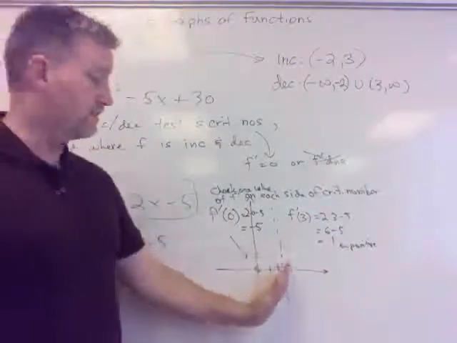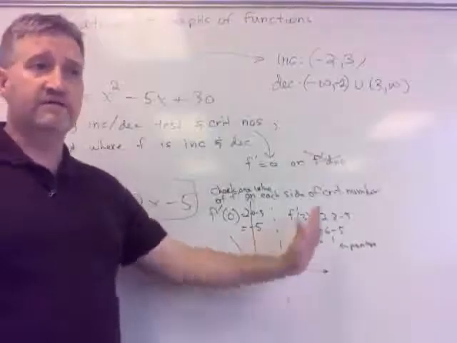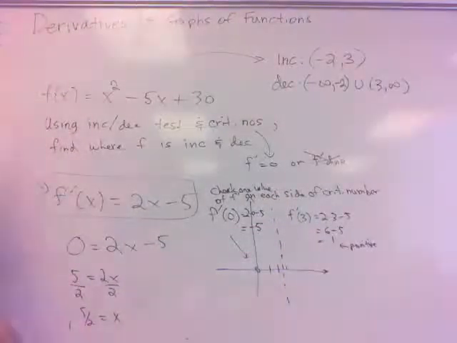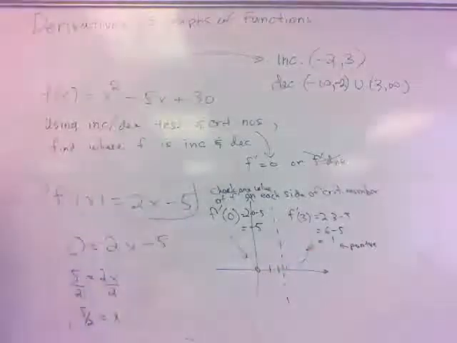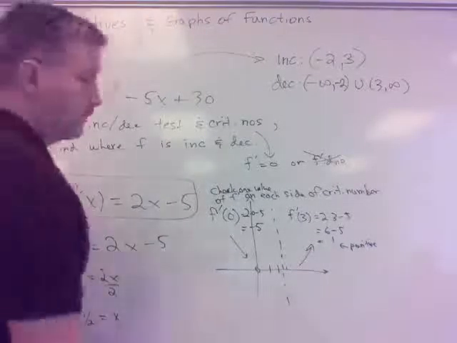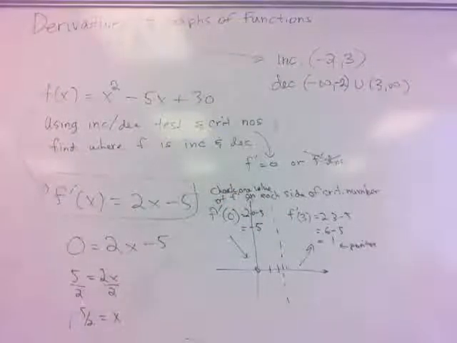It's positive at 3, but isn't it going to then be positive at 4, 5, and beyond? Because the critical number is where it divides up. So the slope is positive, so it's a general upward trend to the right of 5 halves.